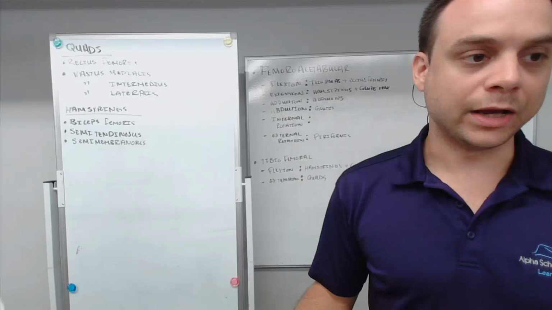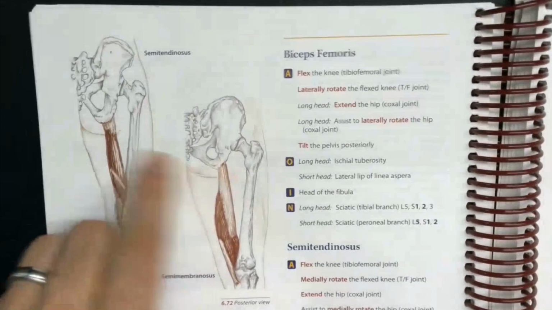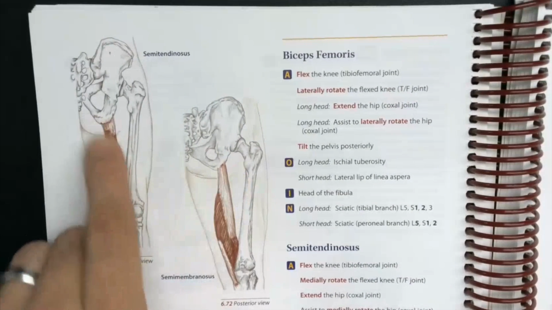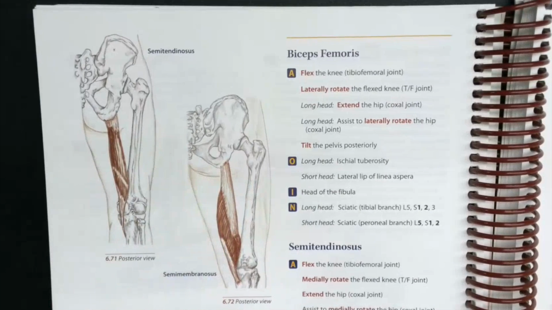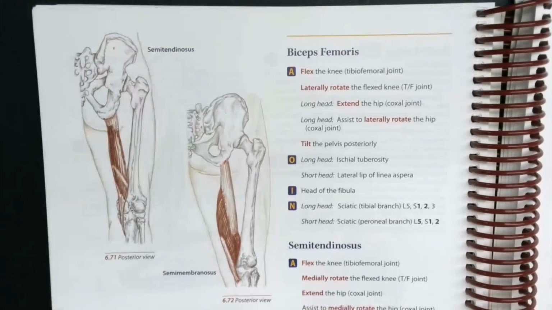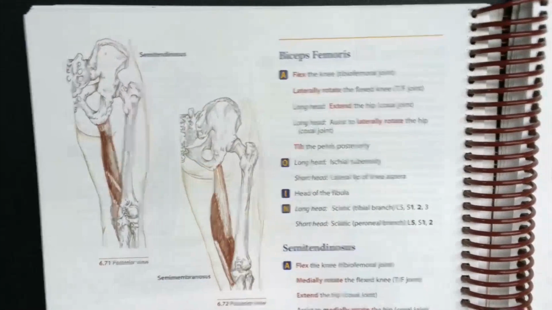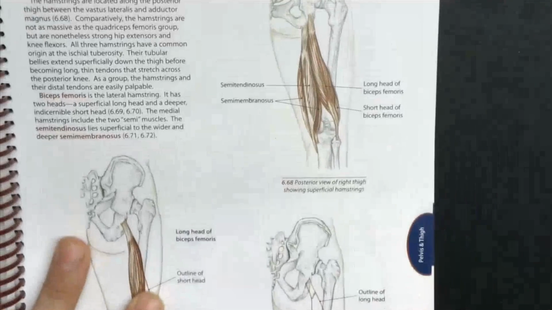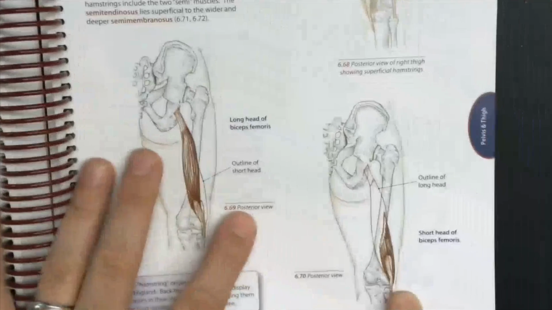They all come from the ischial tuberosity, which is that big bump on the bottom of the butt, the ischium and the ischial tuberosity especially. Now, the biceps femoris will come down to the lateral side, and these are the semi-muscles. Here's the biceps femoris. So here's our long head, and then here's our short head.